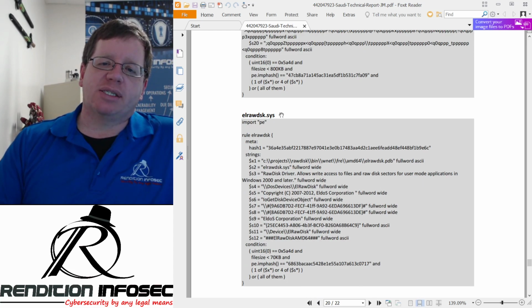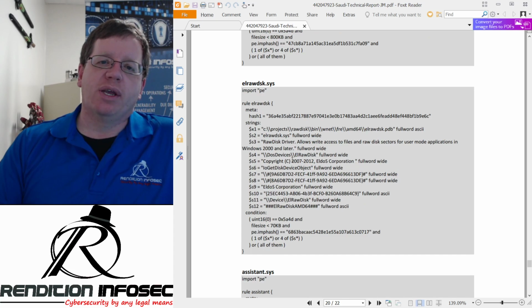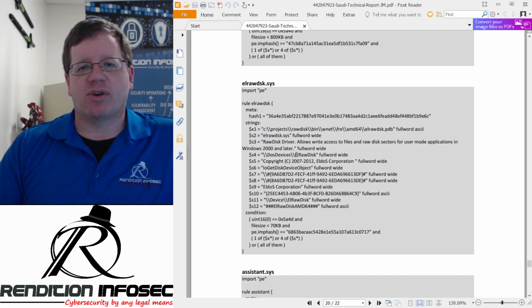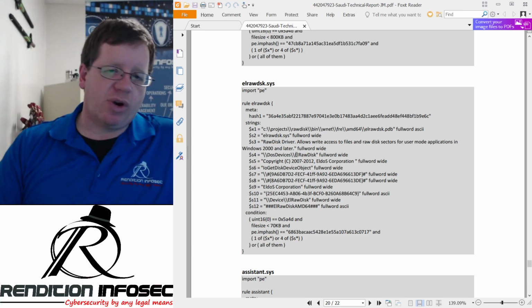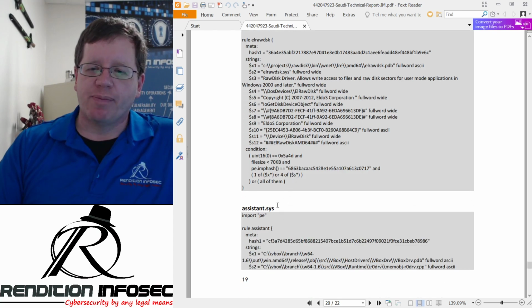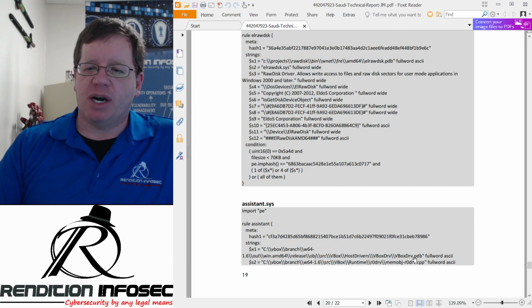The LRAW disk.sys one in particular, I think this one's probably worth keeping in mind for the long term, because again, we've seen it used in multiple different attacks over the years, different ransomware, as well as assistant.sys. Remember, this is the VirtualBox disk driver, and you can even see this here, right? VBoxDRV.pdb.